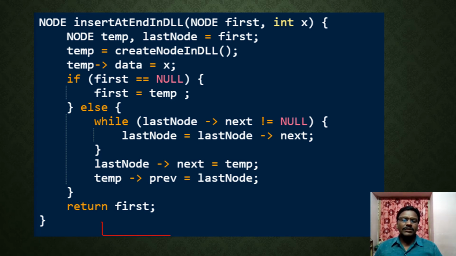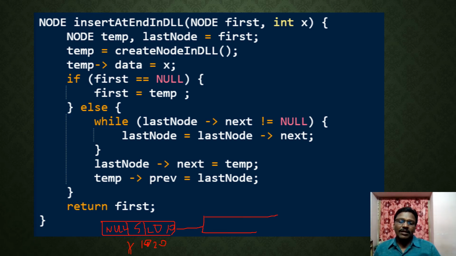Now, for example, previously I created two nodes. In this case, this was the first, null. The first is representing 0, 0, it means another node.